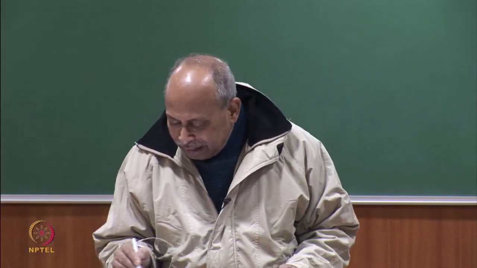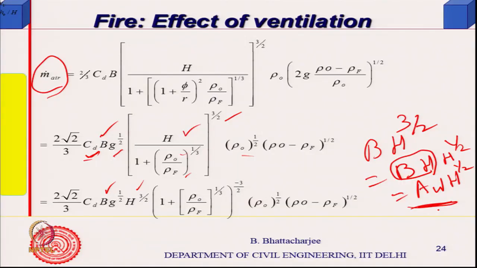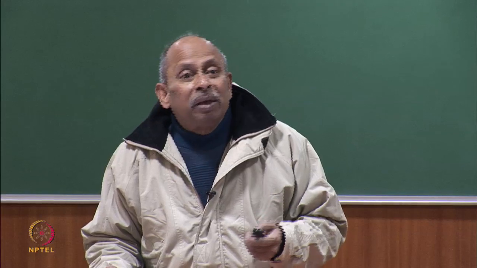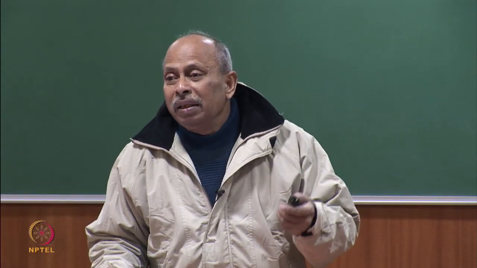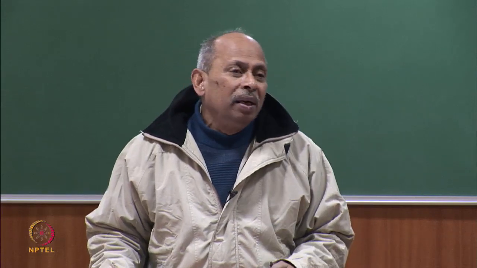So, if you have less, you will have less airflow into the room. If you have this high, more airflow into the room. Now, if it is less, what does it mean? It could be ventilation controlled. If it is very high, then it is simply controlled by the fuel.